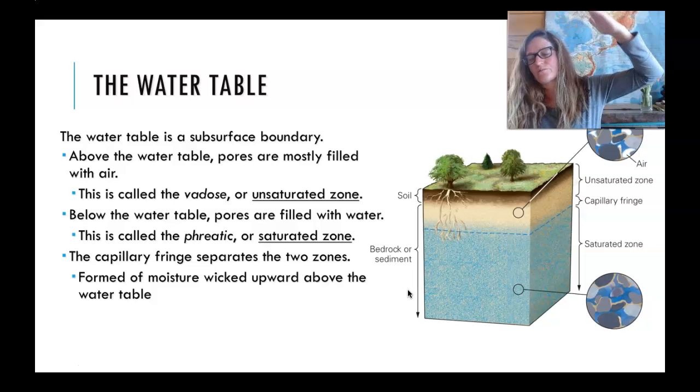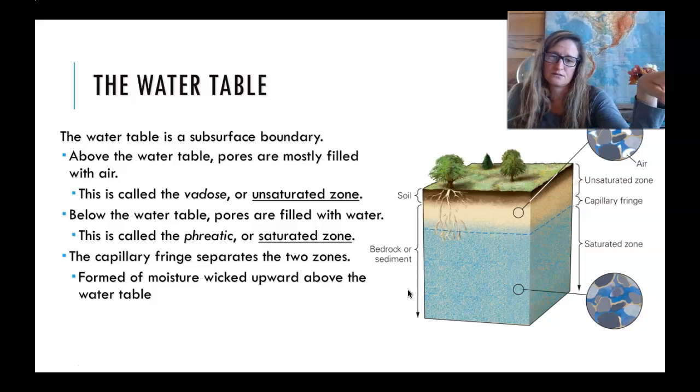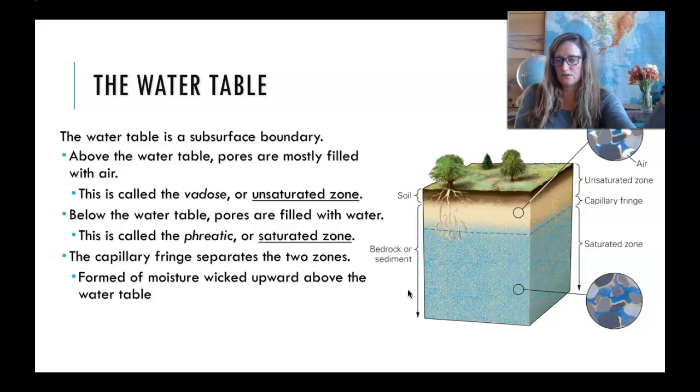It's not full of water. Then there's the water table. You have to think of the water table as a surface. So underneath that surface, all of the pore space would have water in it, whatever it is, bedrock or sediment. The term for that is also phreatic zone, but we'll just call it the saturated zone.